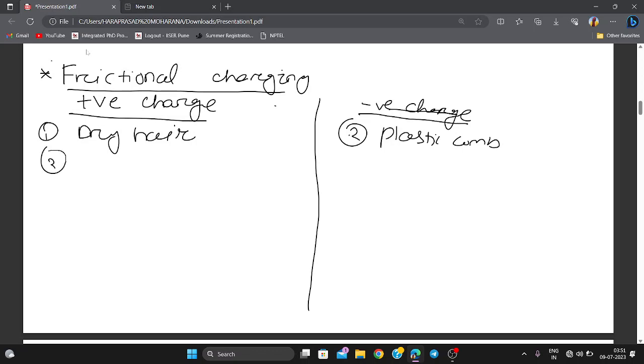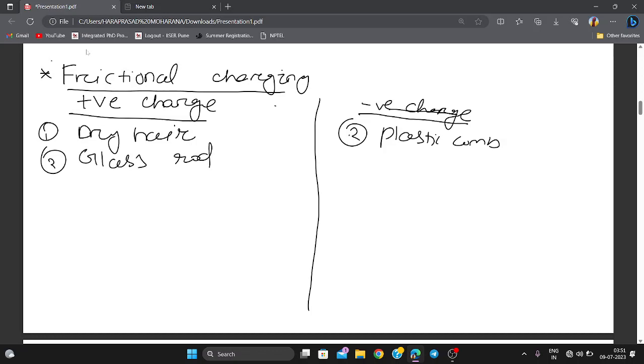You have to make note of it. Sometimes short questions come directly from this section asking which one became positive or which one became negative due to frictional charging. Okay, you have to remember these names. That's why I am writing it.